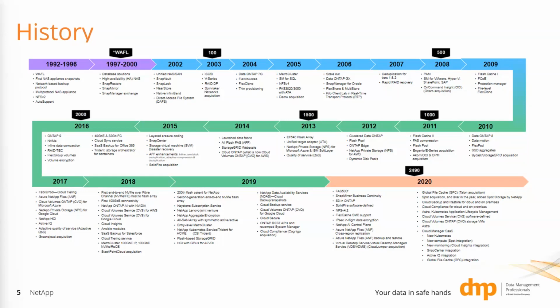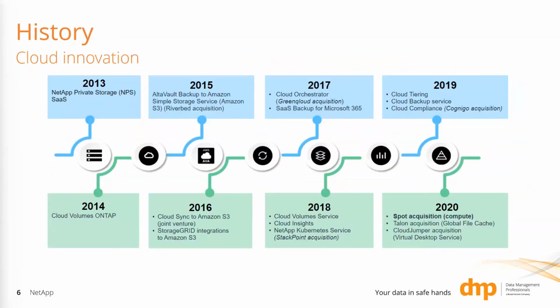And this sheet has everything in it. If we look at more of the cloud innovation which NetApp did, they already started in 2013 with adding NetApp storage very close to the cloud. That was an offering called NetApp Private Storage, where you could run your compute in the public cloud and have your own storage near to the cloud.